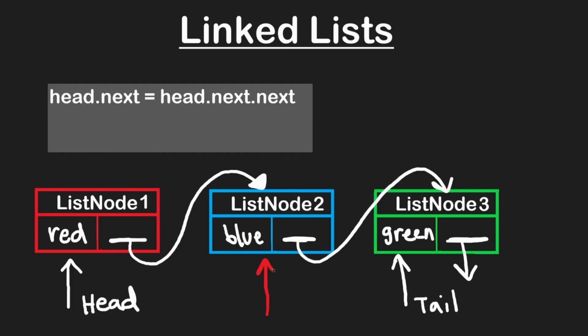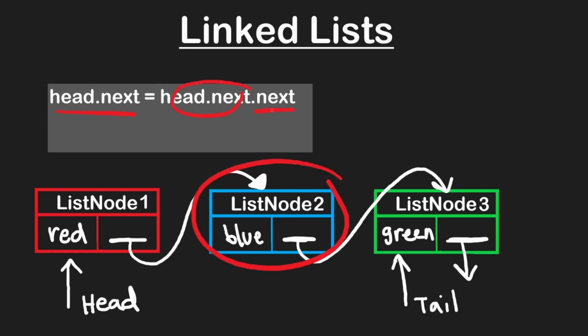So if we're removing this node, what we would do is set our head.next pointer. Instead of it pointing at the second node, we would set it to the next node that it's pointing to. So this is a little complicated because we're chaining the fields. Head.next, remember, refers to this node. This node is equal to head.next.